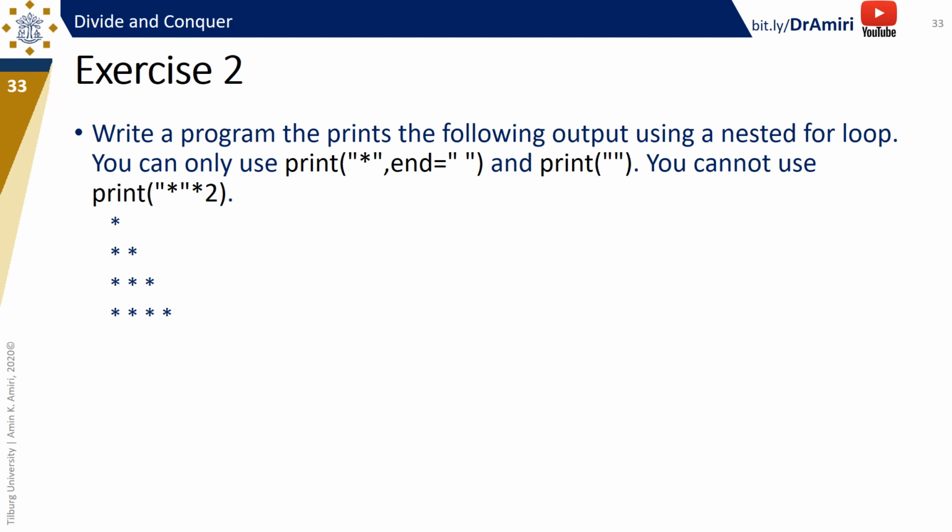For example, here you can easily write a star as a string multiplied by 2, and 2 stars will be printed. You cannot use that. You have to use either print a star, equal to a blank space, or printing a completely blank space or an empty string.